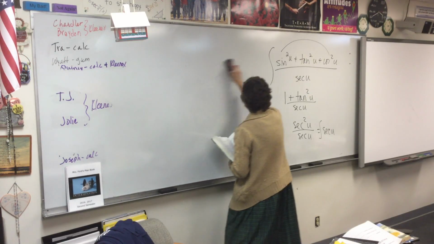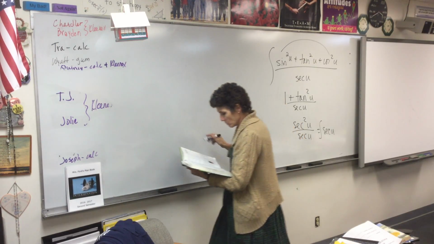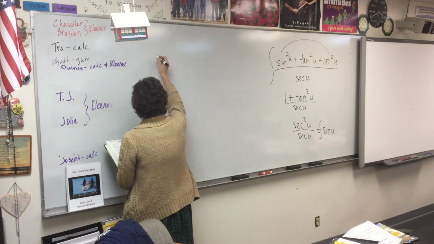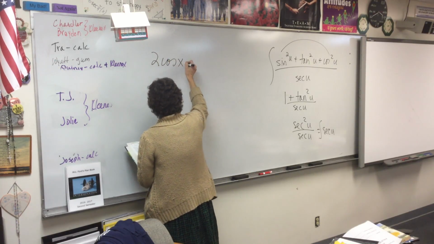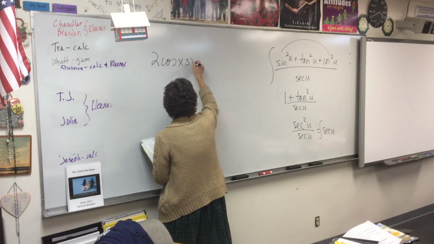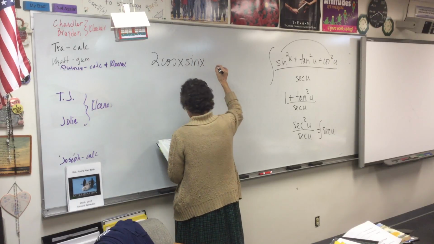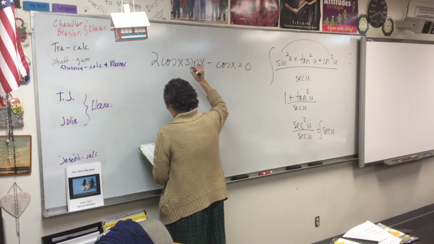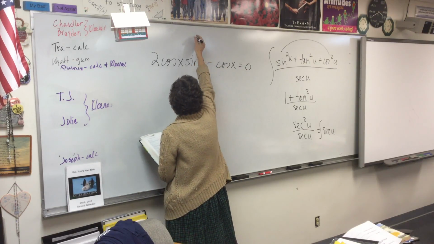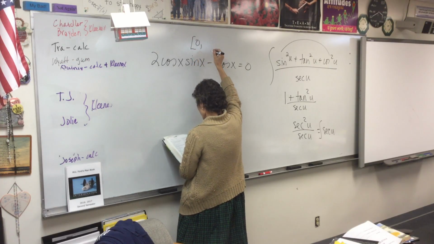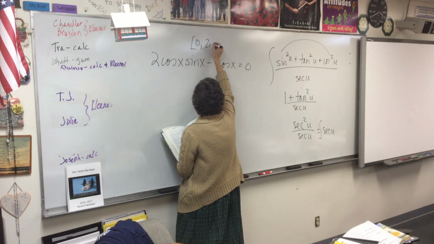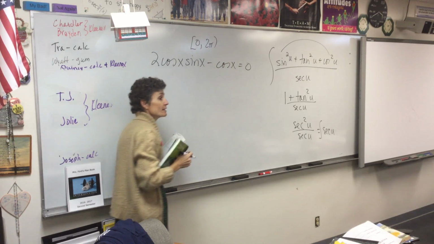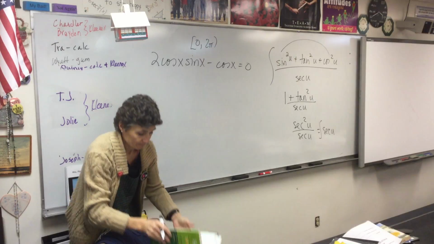All right, so I have skipped to problem 51, which is not a simplification, although I will use some of those tools. It's an equation, and it says find all the solutions in the interval from 0 to 2 pi, and you do not need your calculator.